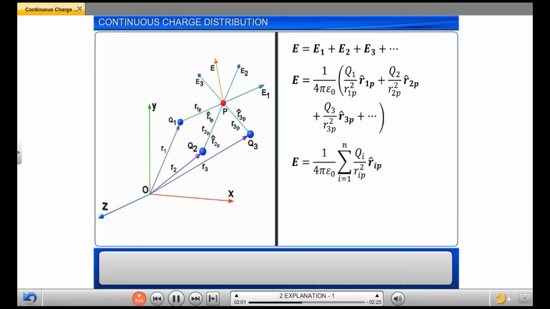The net electric field strength E can now be written as 1 by 4 pi epsilon naught into sigma i equal to 1 to N Qi by RiP square into RiP cap.